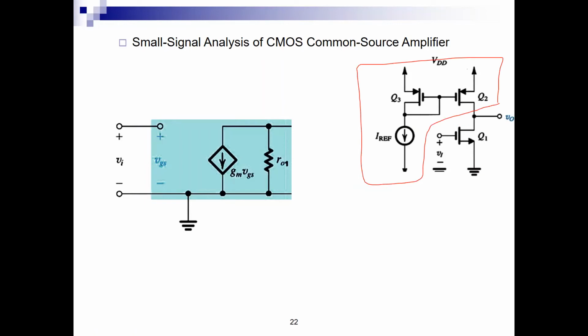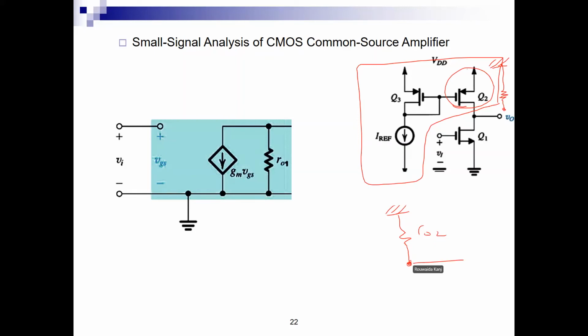If you recall, when we studied the output resistance for the current mirror, we said delta VO over delta IO equals RO, and the effective loading is really RO2. Meaning if the current mirror is interfacing me through Q2, then this whole circuit can be really replaced by a simple resistance RO2 between this node and ground.